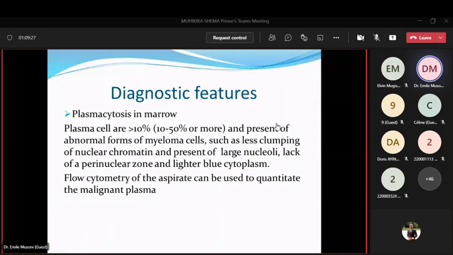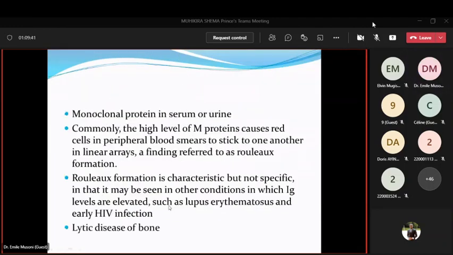Here they say flow cytometry. Flow cytometry is a machine used for the diagnosis of hematopathologic cancers. A flow cytometry of the aspirate can be used to quantitate the malignant plasma cells. Monoclonal proteins in serum or urine: M protein must be there. The cellular formation is characteristic but not specific.